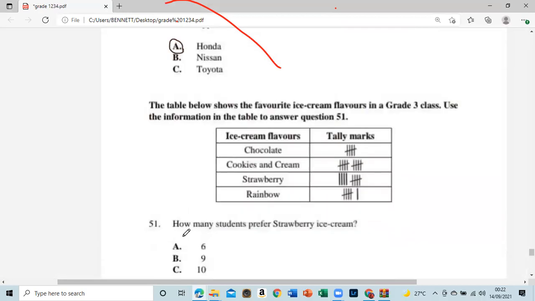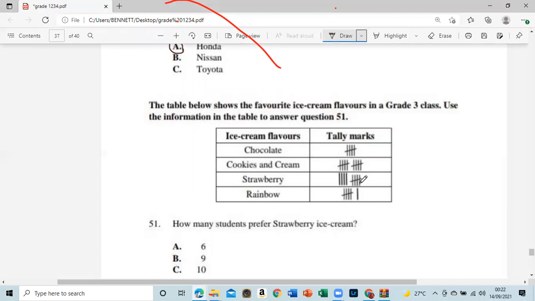Alright, the table below shows the favorite ice cream flavors in a grade 3 class. Use the information in the table to answer question 51. So chocolate, vanilla and cream, strawberry, and rainbow. How many students prefer strawberry ice cream? Once I see it cross, this is 5, 6, 7, 8, 9.